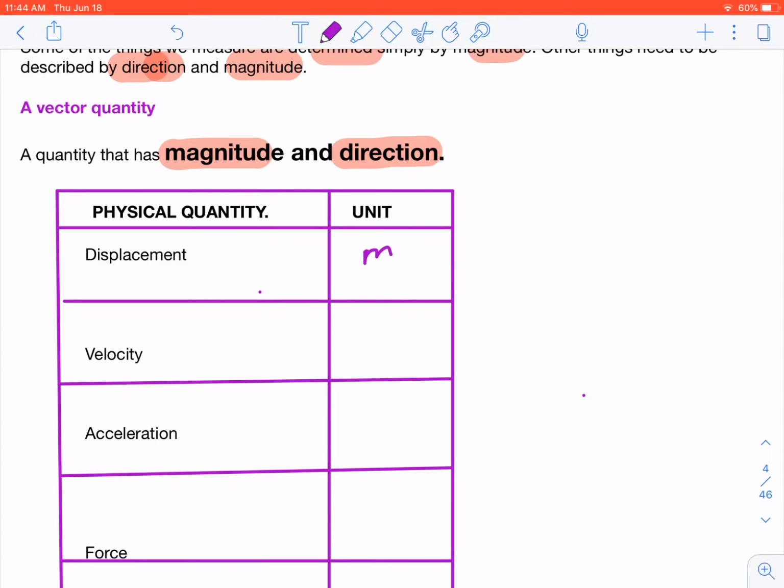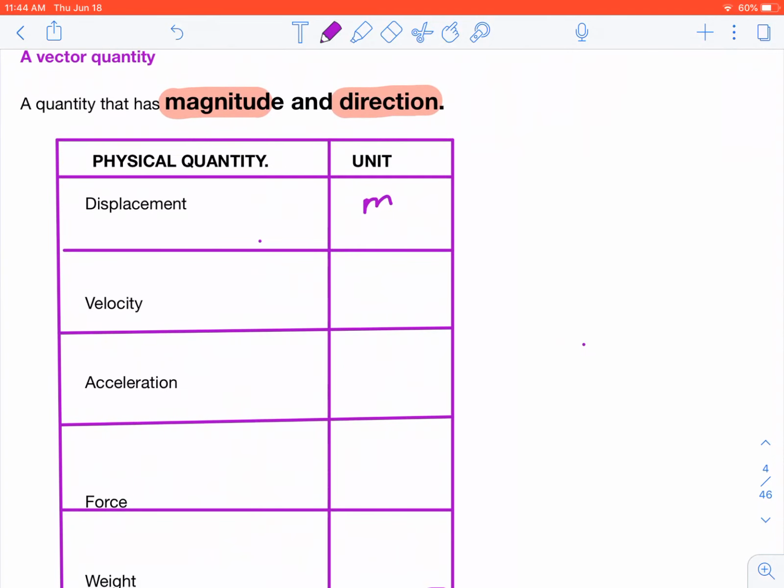But in addition to the unit, it must have a direction. From where it is, we could say it is in an easterly direction, or a westerly direction, or a northerly direction, or we can choose direction towards the right as positive, then we say in a positive direction.